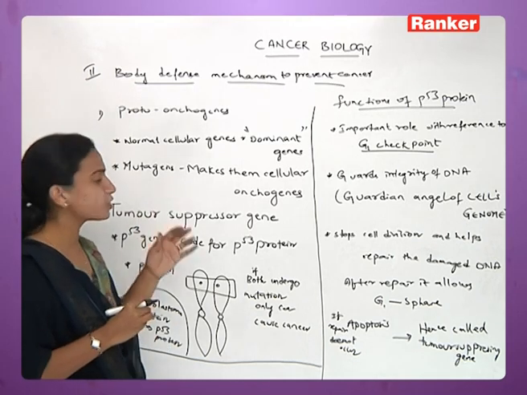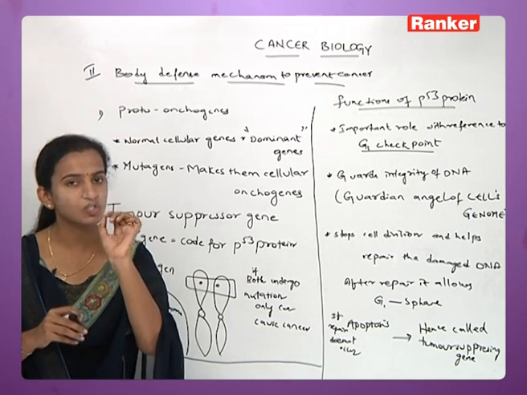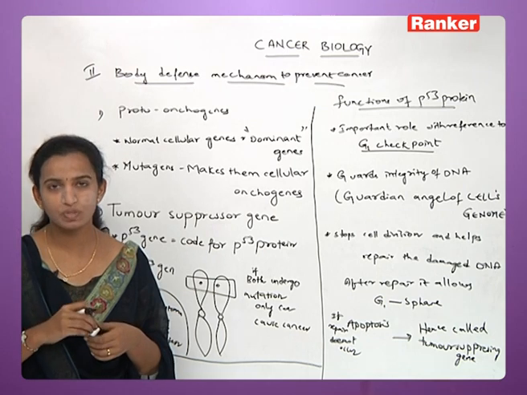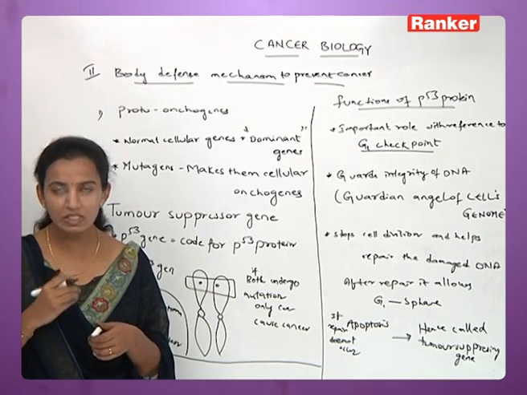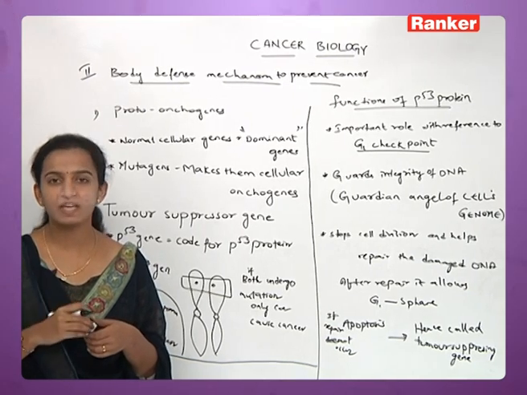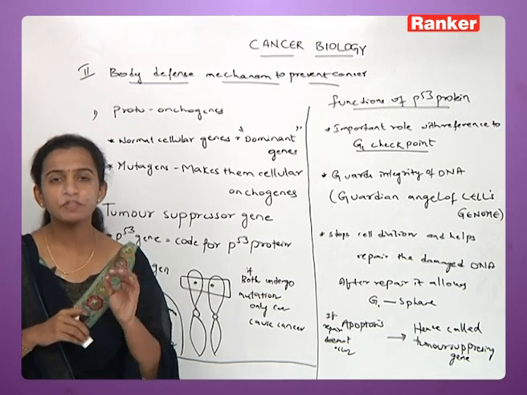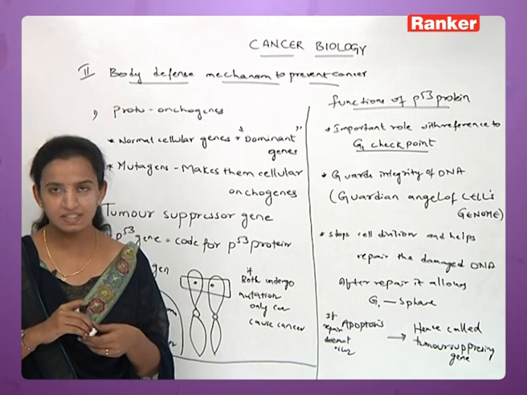So in proto-oncogenes, if you have even one single dominant gene, you are ready to be affected with cancer. Though one recessive gene is also present, that doesn't come for expression. We have already seen in the hereditary chapter that if one dominant gene is present, there is no work for the recessive genes.